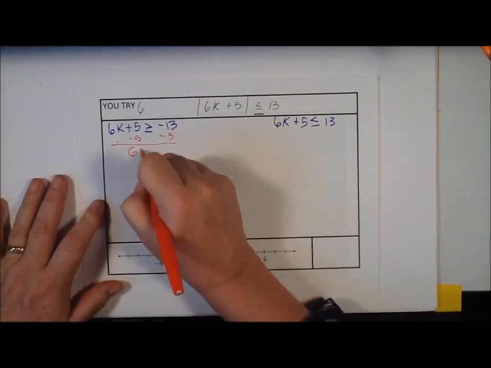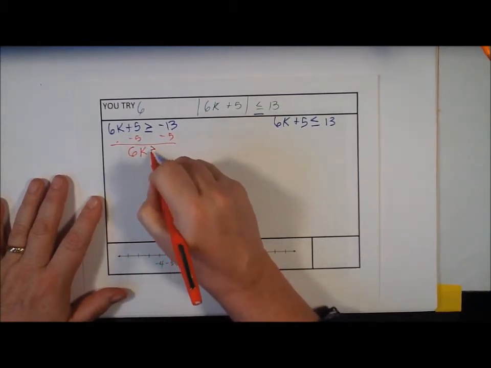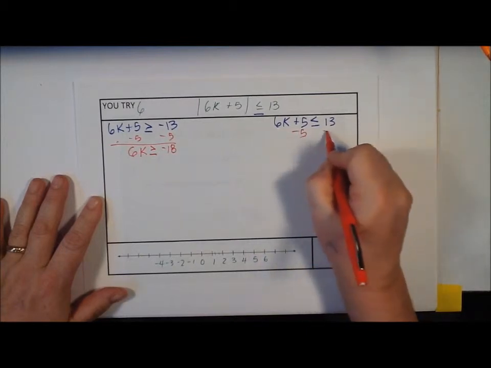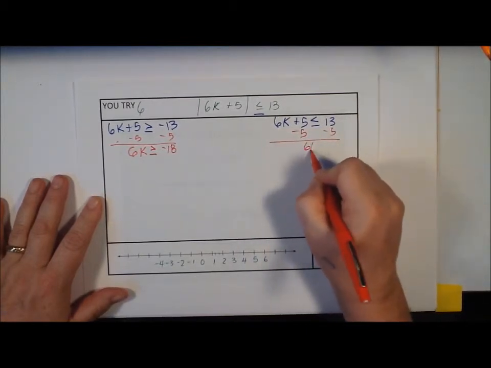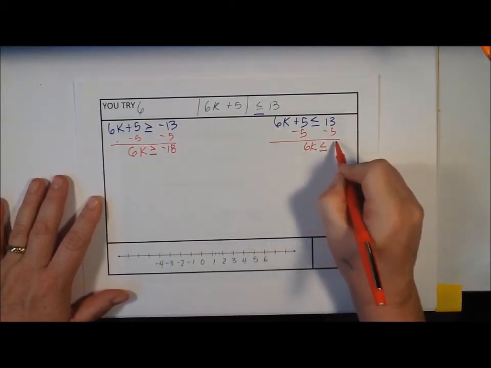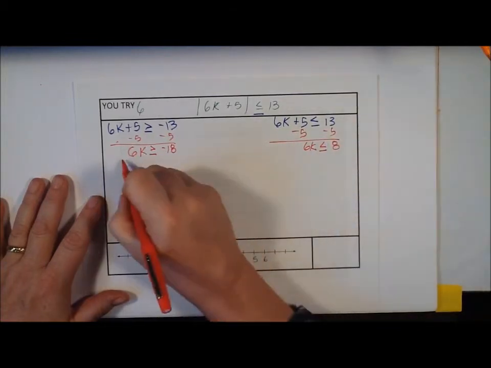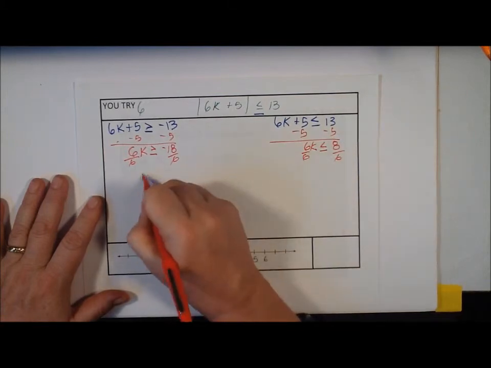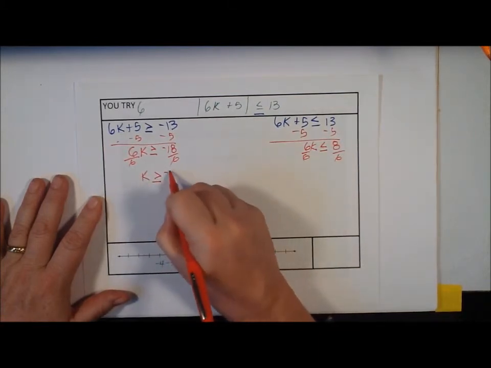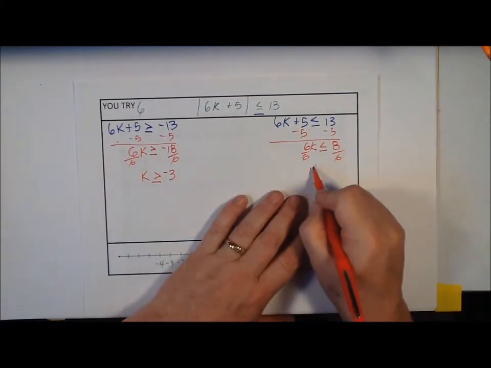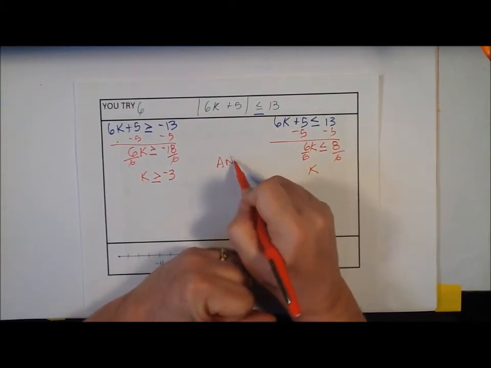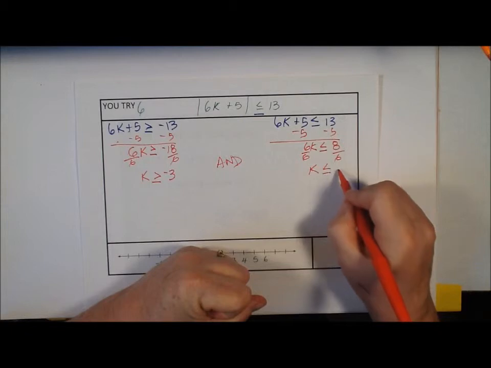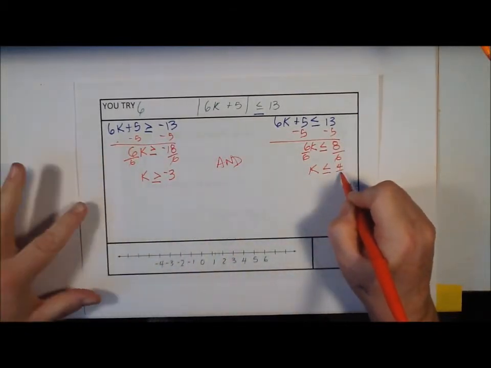That'll give me 6k is greater than or equal to -18. And here I have 6k is less than or equal to 8. Divide by 6. k is greater than or equal to -3, and k is less than or equal to 4/3.